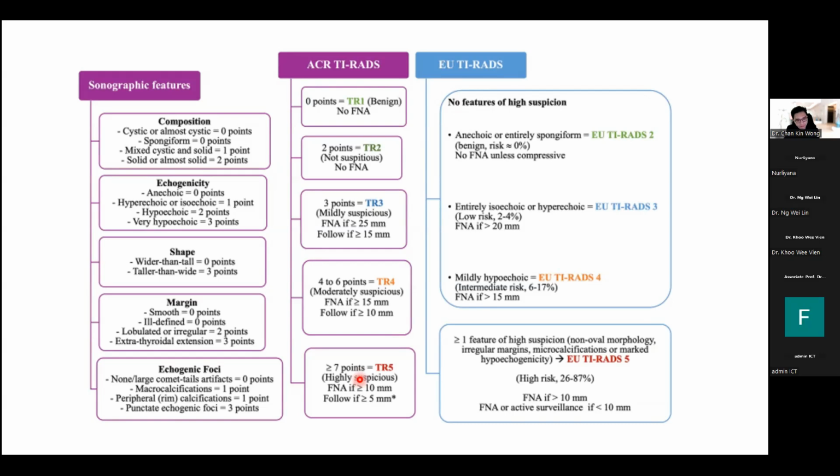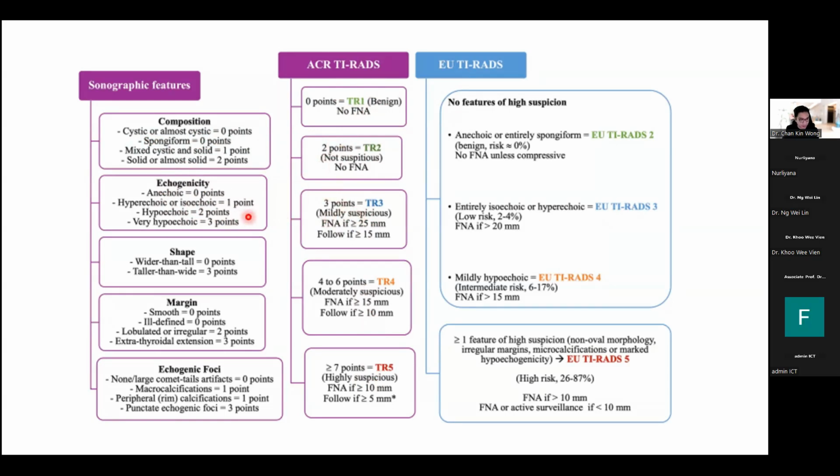With all these classifications, you have recommendations as well. For TR1 and 2, we generally don't recommend any FNA. From 3 onwards, it depends on size. A simple way of remembering this: if you refer for a spongiform lesion, the score is usually about 2 at most, because spongiform gives 0 points, and echogenicity is mostly hypoechoic or isoechoic, so 2 points max.